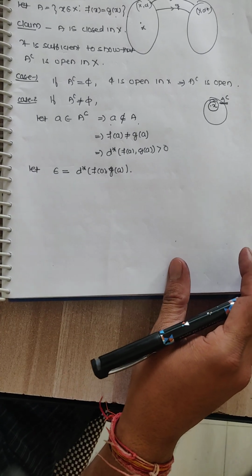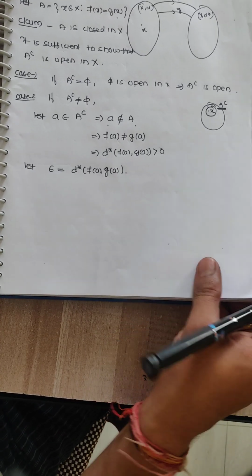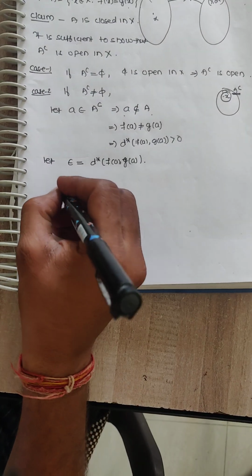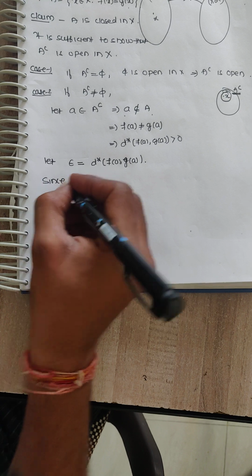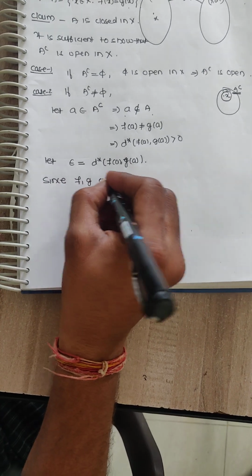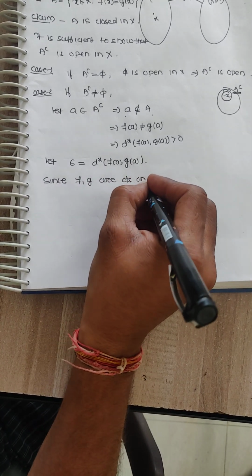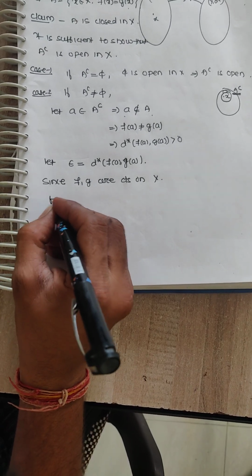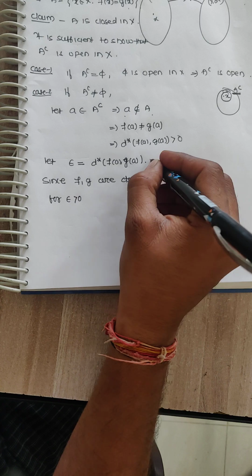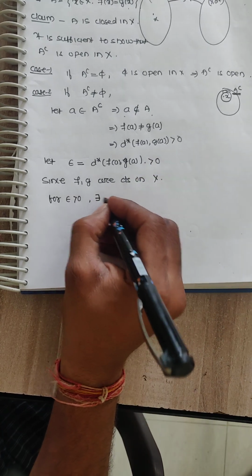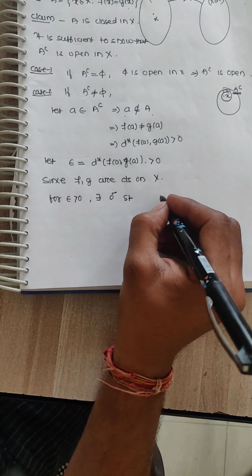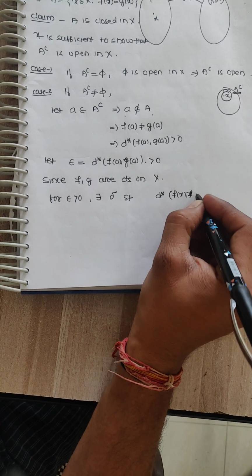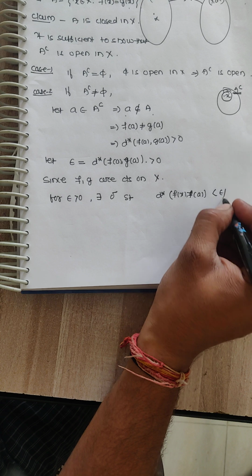Now I will use the condition that f and g are continuous on X. That implies for this epsilon, which is positive, there exists a delta such that the distance between f(x) and f(a) is less than epsilon by 3.